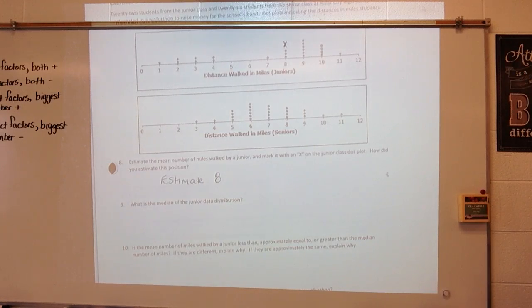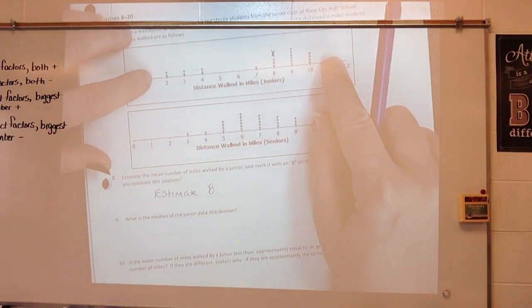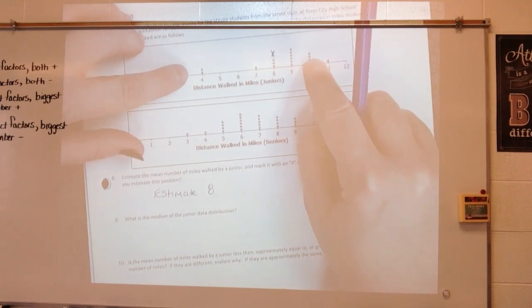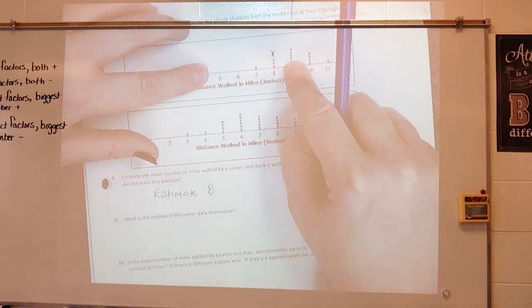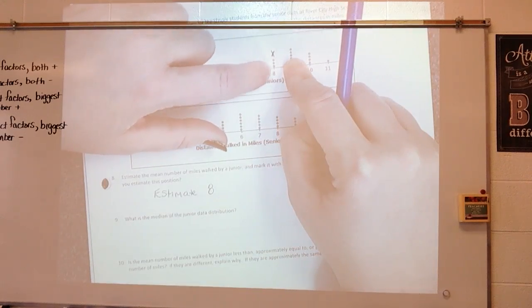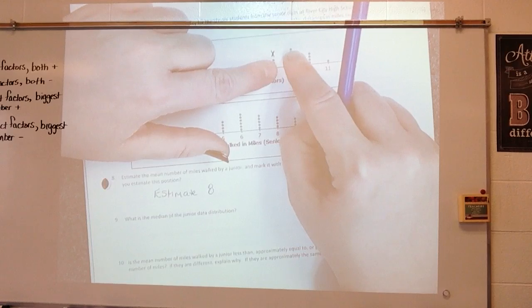Alright. So it says, what is the median of the junior data distribution? Well, I can find the median, and I can just go up here and start marking off dots. So there's 1, 1, there's 2, 2, 2, 1, 1, 1.